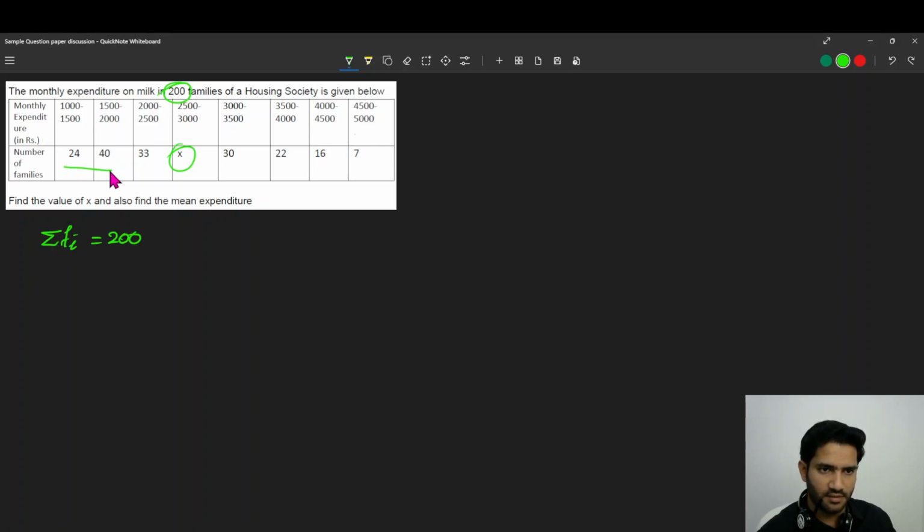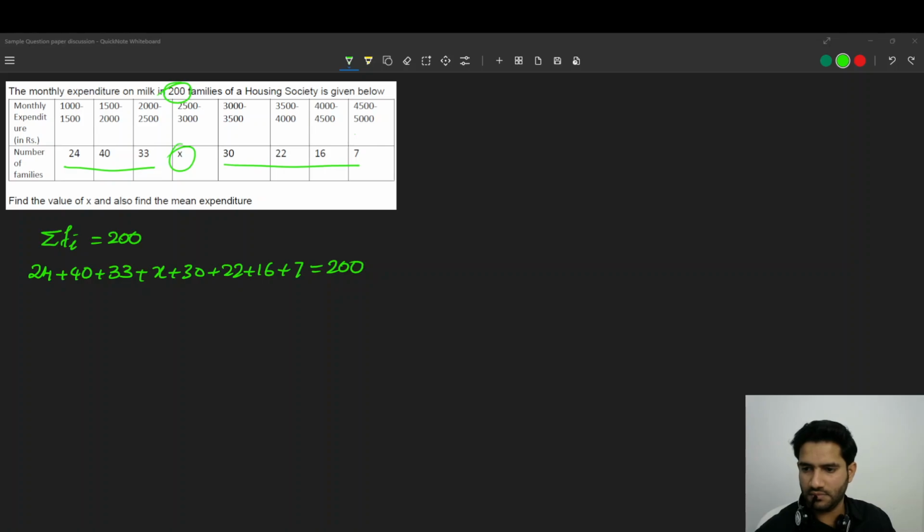So we can add these values: 24 plus 40 plus 33 plus x plus 30 plus 22 plus 16 plus 7 equal to 200. Then by adding, we'll get 172.